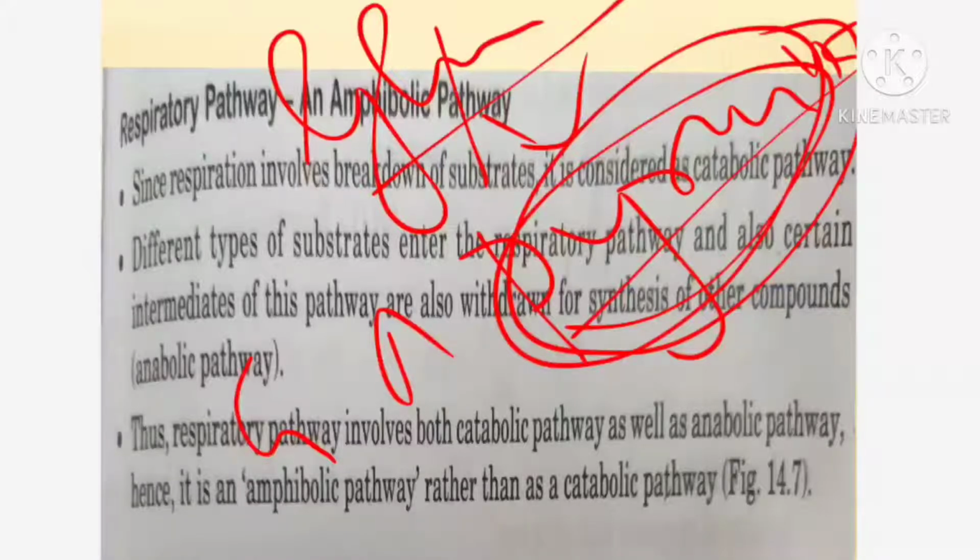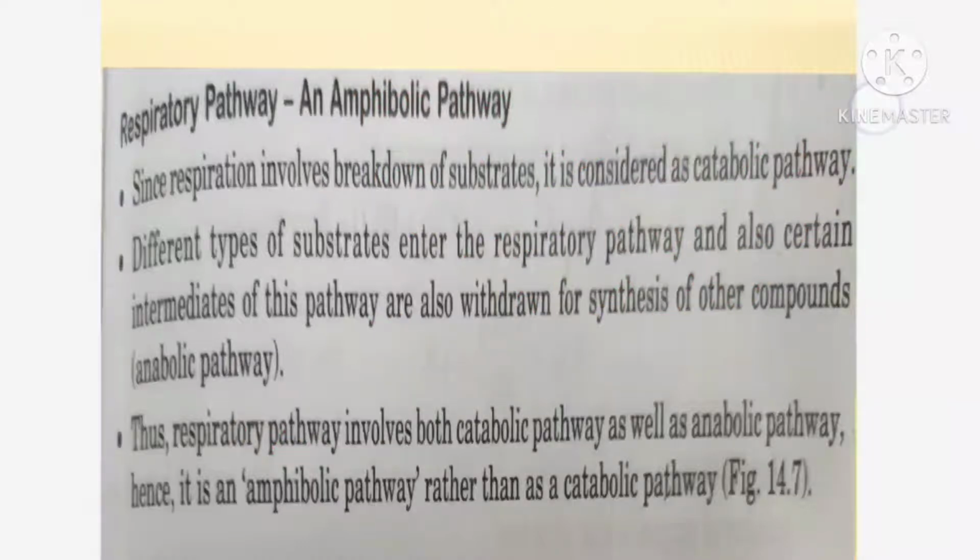So something is produced like pyruvic acid, glyceraldehyde 3-phosphate, like that many things are getting produced, isn't it? So since things are getting produced, we call it as what? Anabolic. And another one is that in respiration some things are broken down also, right? So in a respiration both is taking place, means both catabolism is also taking place as well as anabolism. Here the food is broken down, the glucose is broken down, yes, so it is catabolism.